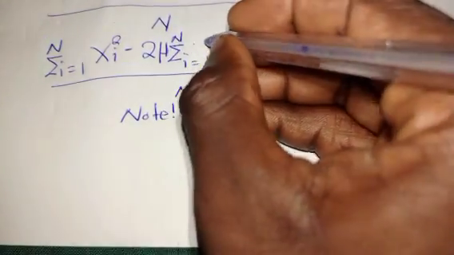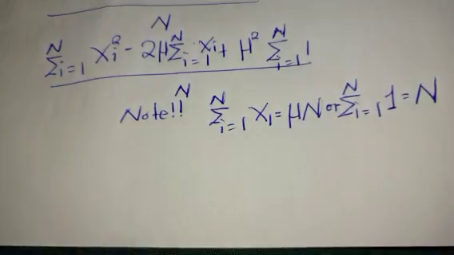Now that we have this information, we will replace what we remained with. Remember, here we remained with x_i. Sorry that we did not write it.